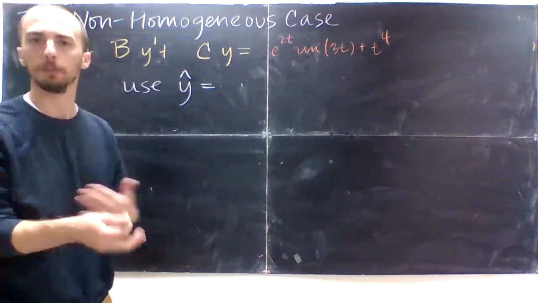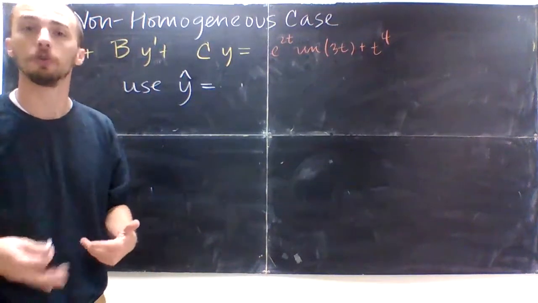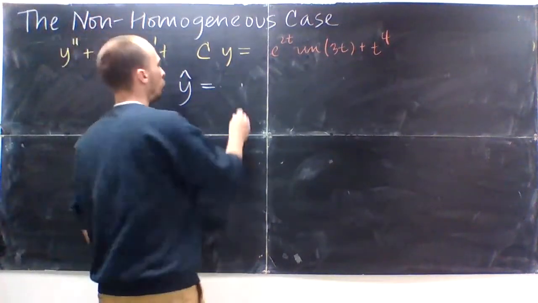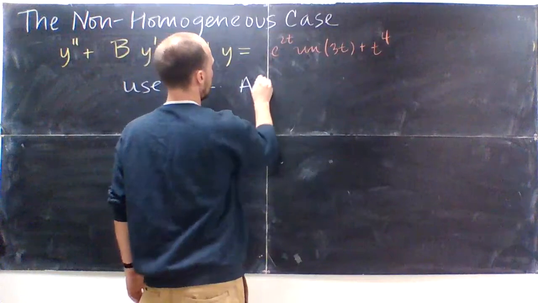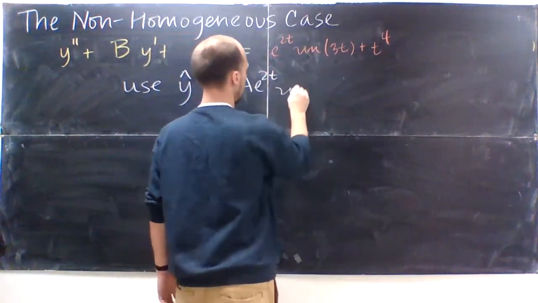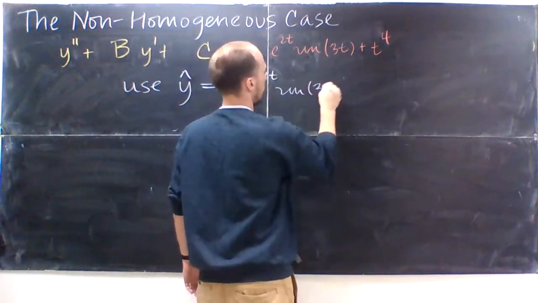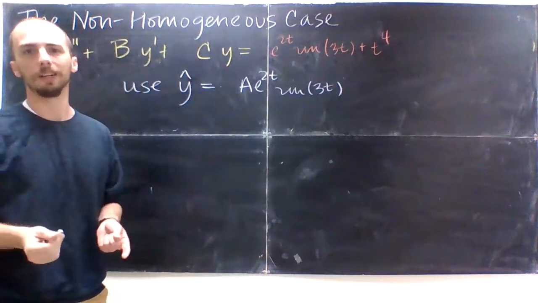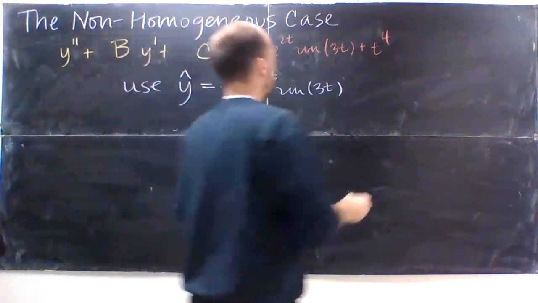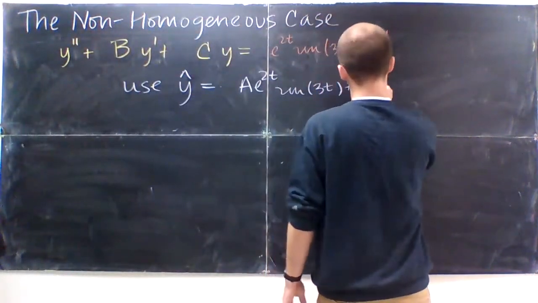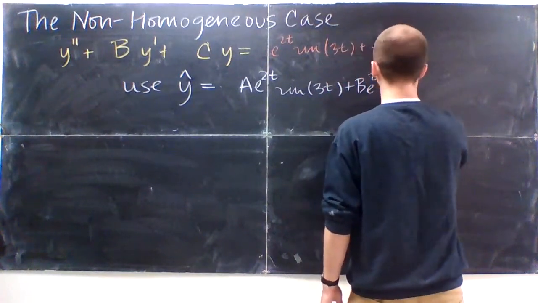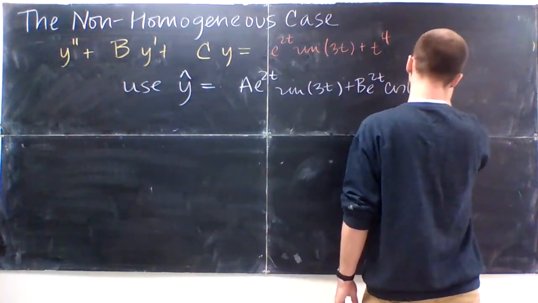My guess needs to have exponential connected to the trig through multiplication. So it's going to be A e to the 2t sine of 3t. But I also need to consider that I might have some cosine in there too, plus B e to the 2t cosine 3t.